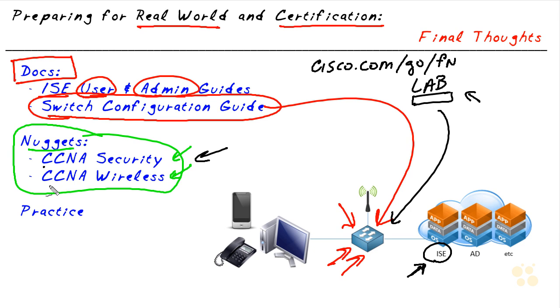And the reason I added CCNA wireless to this list is because those nuggets include details regarding integration between a wireless LAN controller and the Identity Services Engine. And it's important to be aware of because the wireless LAN controller can do its own authentication on its local database, or it can refer to a RADIUS server such as ISE.